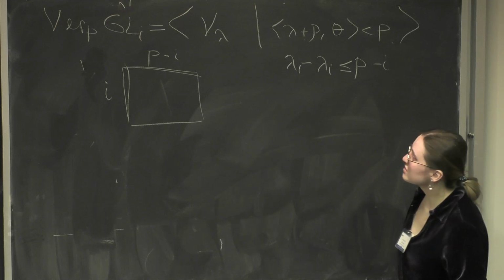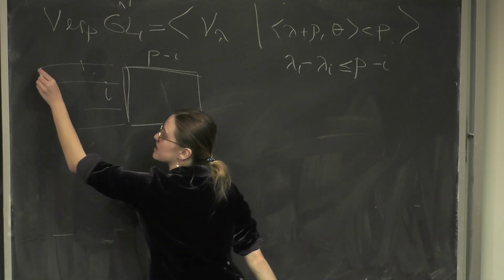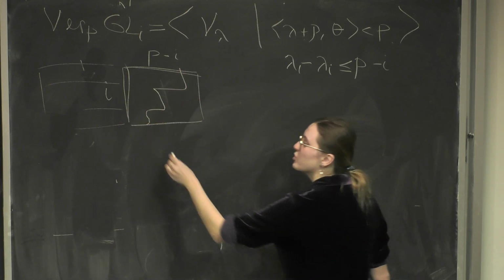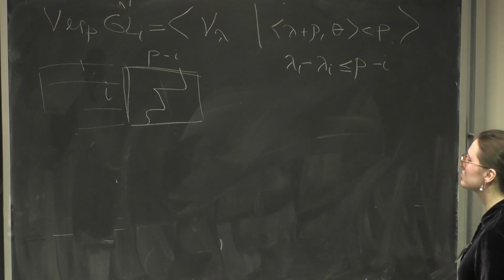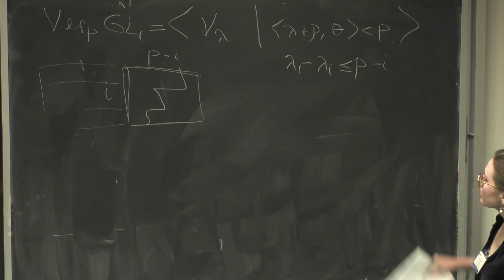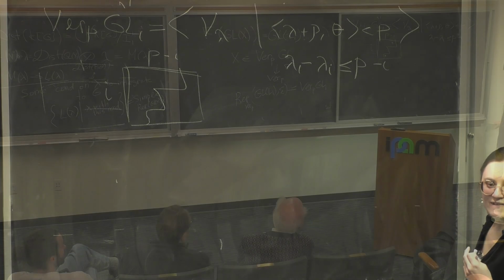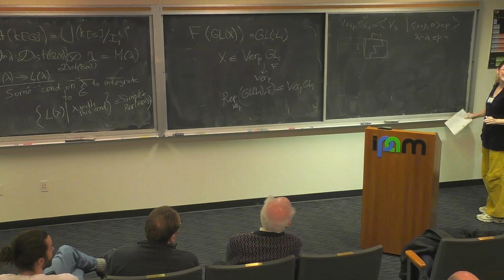And for a representation of GL, you can also add the same integer to every row. So you have a diagram in the box plus some determinant representation, the tensor of some invertible thing. So that's your picture, and that's a simple object.